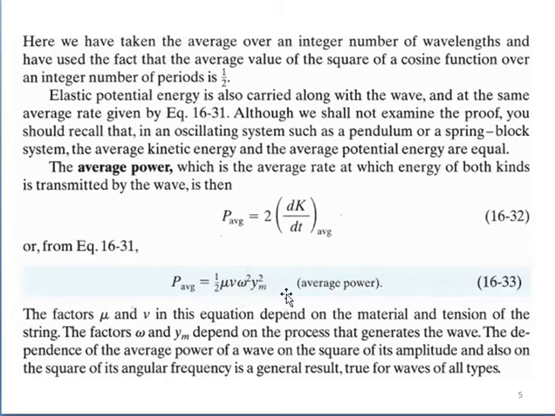Here we see that the power or energy transported by the transverse wave is proportional to the square of the amplitude and the square of the frequency. Also, it is directly proportional to the wave speed.